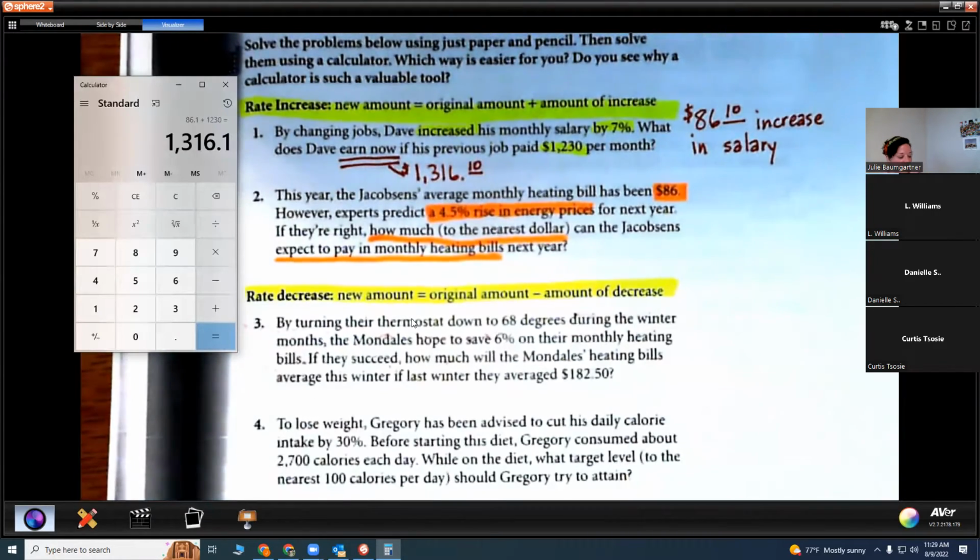Everyone still working on this one? All right, so it should be the same steps as the previous two questions that we've looked at.